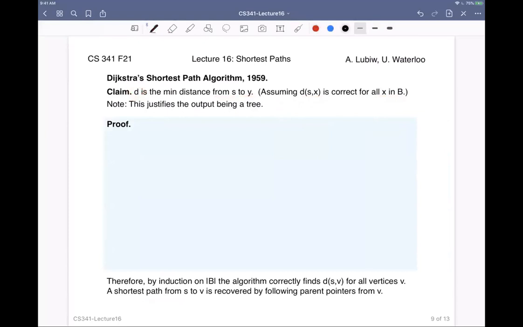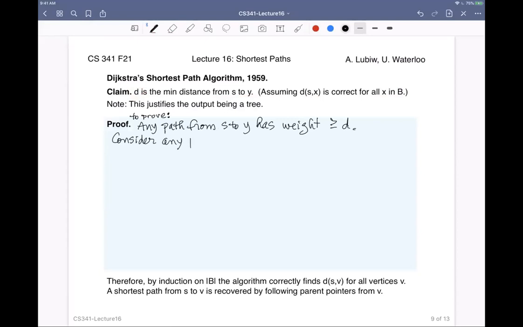Okay, so we want to show that for any path from S to Y, so this is to prove, any path from S to Y has weight greater than or equal to D. Okay, that'll show that D is the minimum distance from S to Y. So consider such a path.